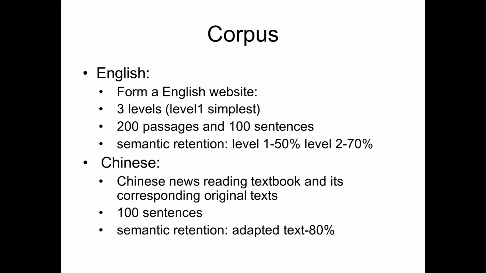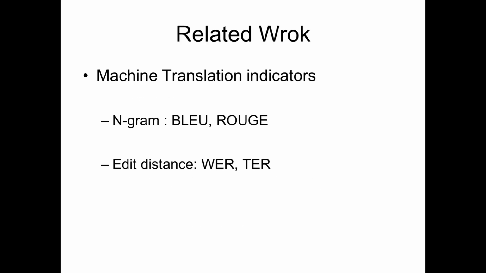The result we expect to achieve is that the evaluation of semantic retention by SEMA is similar to the result of manual discrimination. In recent years, the evaluation indicators of machine translation have been increasingly used in the evaluation of TS, including BLEU based on n-gram and WER based on edit distance.